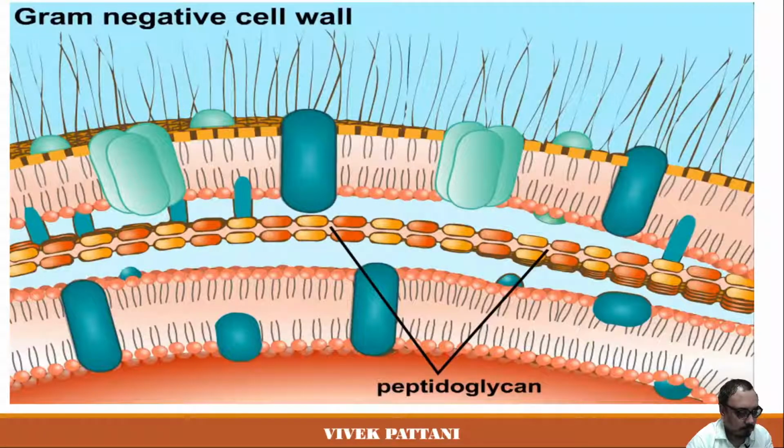In the case of Escherichia coli, L-alanine is added first, then D-glutamic acid, then meso-diaminopimelic acid. Finally, the dipeptide D-alanyl-D-alanine is added to form the pentapeptide side chain.